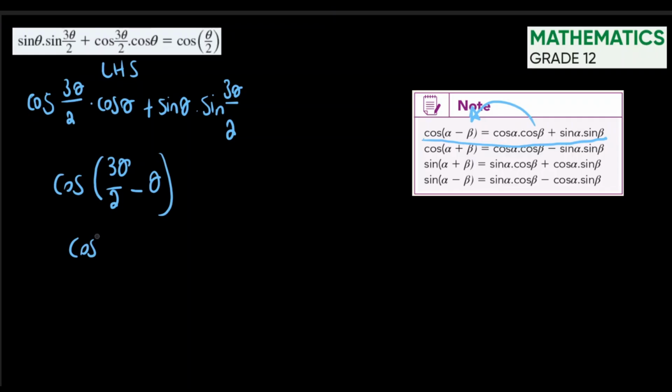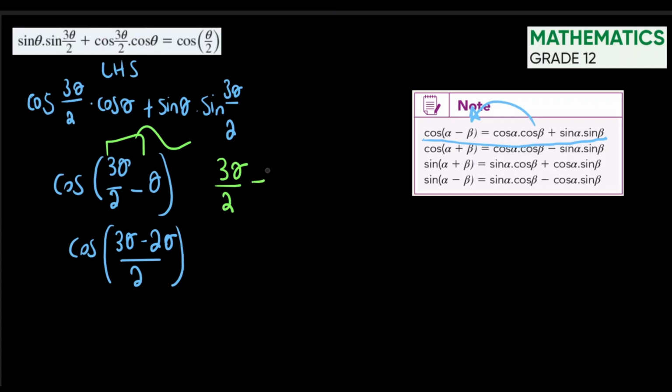So this will give us cos of (3 theta minus 2 theta) over 2.